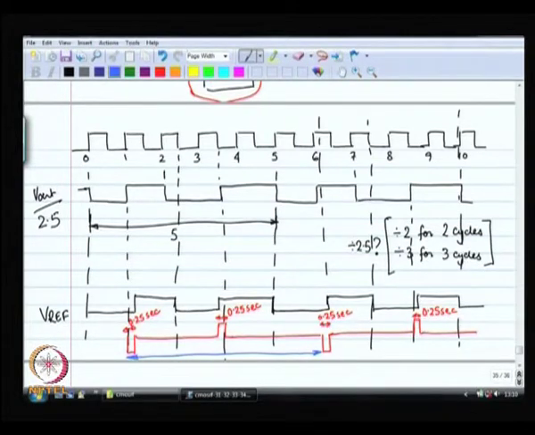The period is the net period, which happens to be 5 seconds in our case. Five seconds means that we are really getting spurs at 1/5 of a hertz, 0.2 hertz, not 0.4 hertz.